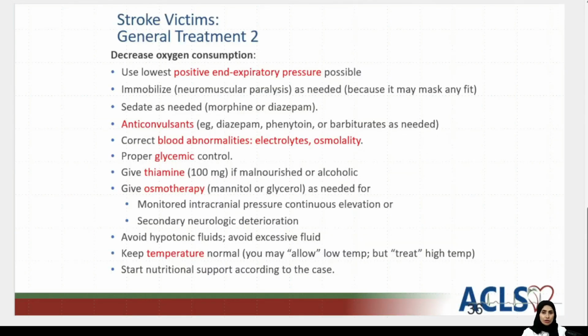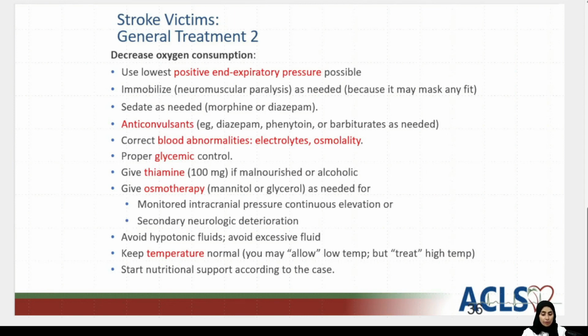It's very important to know that after stroke, the patient should be put on seizure monitoring to start anticonvulsant if indicated, to correct any blood abnormalities, electrolytes, osmolality, and maintain proper glycemic and blood pressure control. Give thiamine if malnourished or alcoholic.